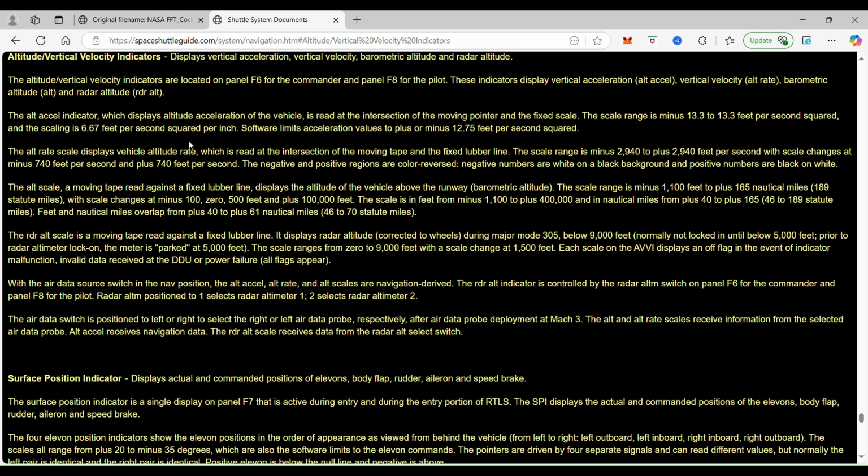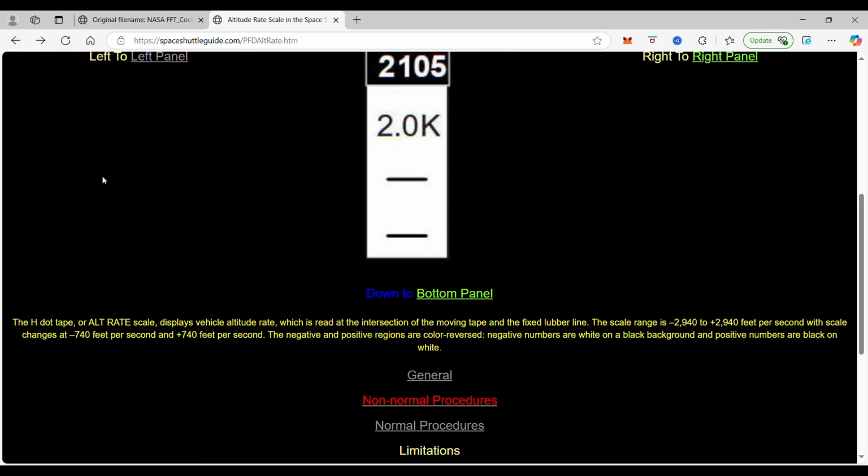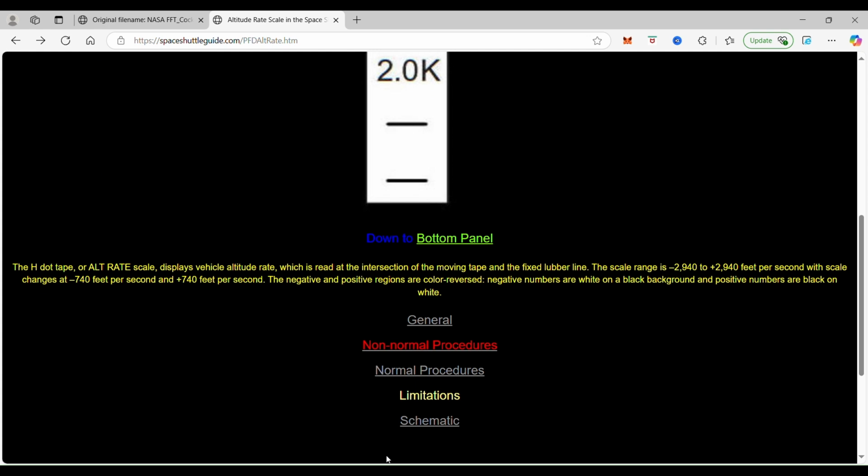So that is what that instrument is measuring. It's measuring the rate at how fast you are going into outer space, as a constant speed or rate.